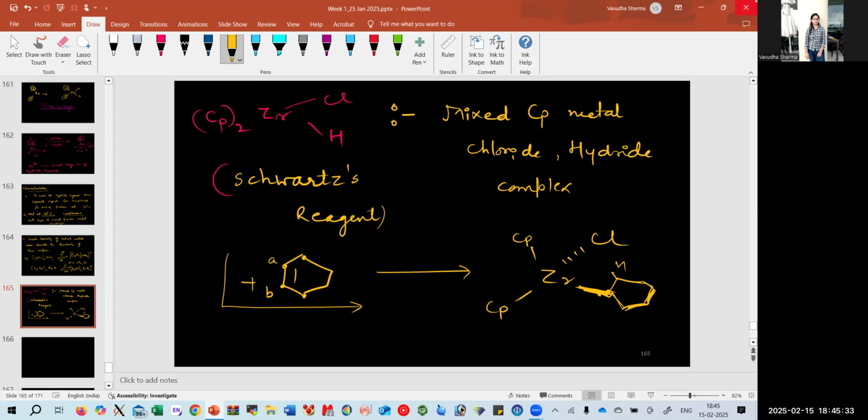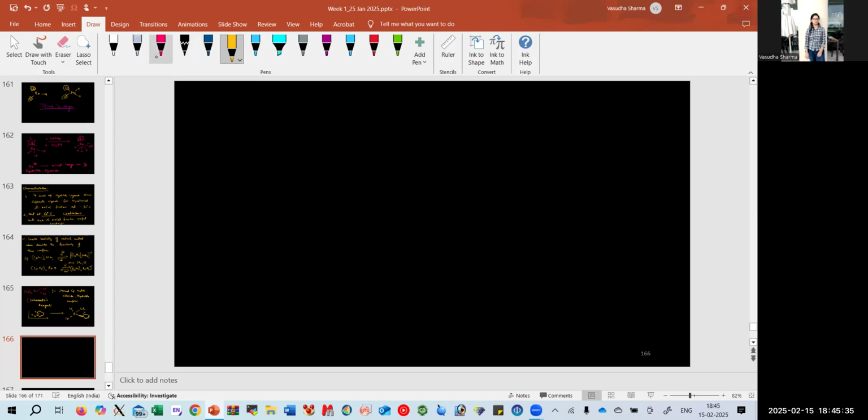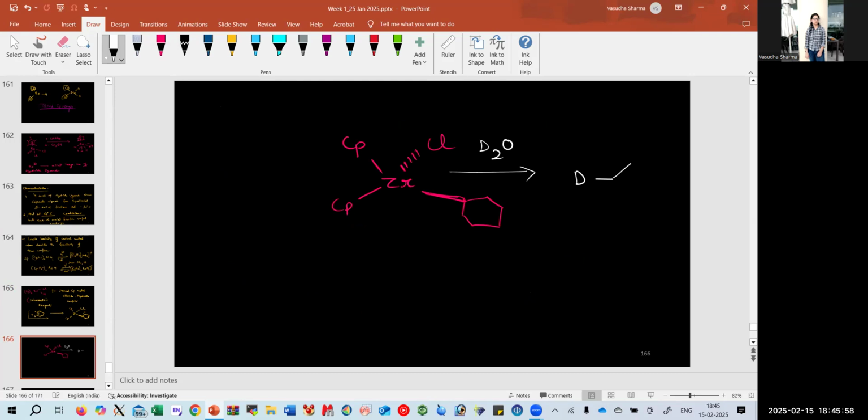This particular complex undergoes different reactions. We have, say for example, zirconium, Cp, Cp, the backside chlorine, and a cyclohexyl group at the front side. Now, when this undergoes treatment with D2O, it would release your deuterium substituted cyclohexane.